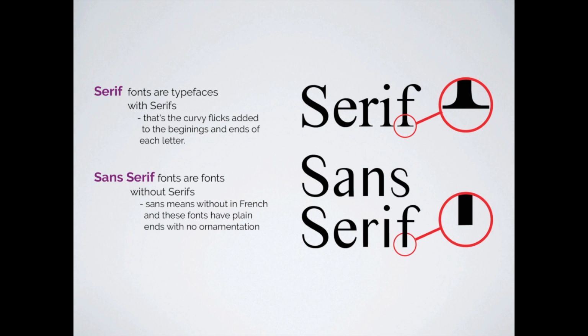All those extra little tails really help to read. And so if you pick up a magazine where the font's small, or you pick up a paperback book, the font is almost always going to be a serif font because you can make the print smaller, you can make the space between the lines smaller, so you get more content on fewer pages, and it's still easy to read.